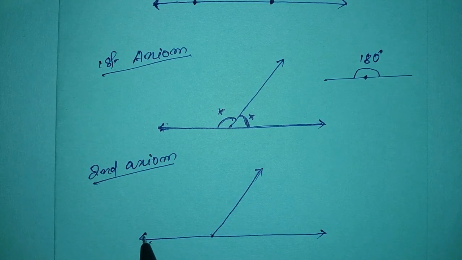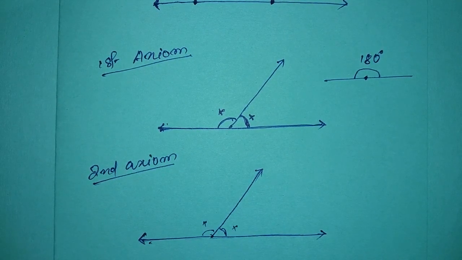We don't know whether this is a straight line or not, but the sum of these two angles is 180 degrees. So obviously these two rays must form a straight line, otherwise the sum will never be 180 degrees. So the second axiom says, if the sum of the two adjacent angles is 180 degrees, then the two non-common arms form a line.